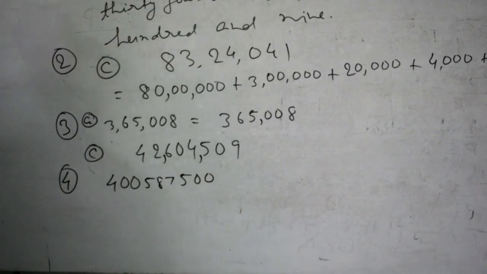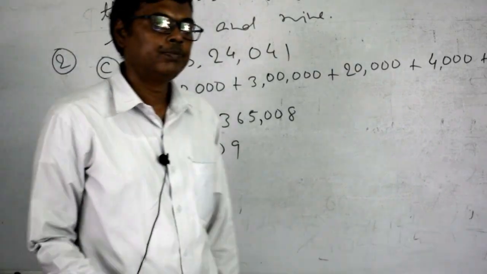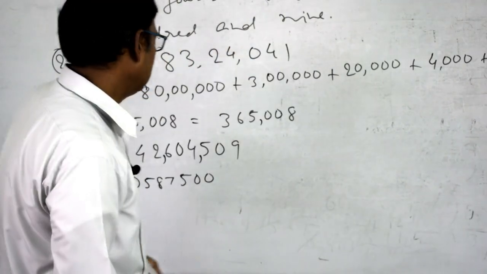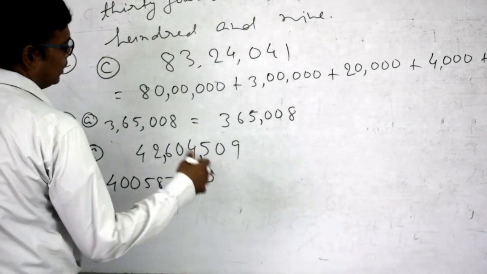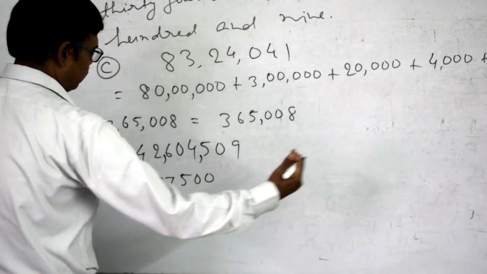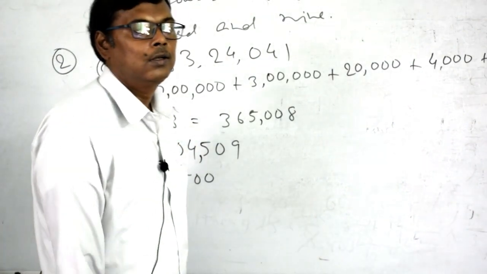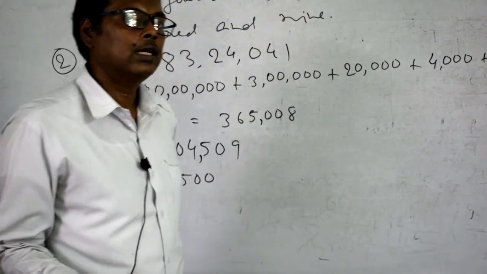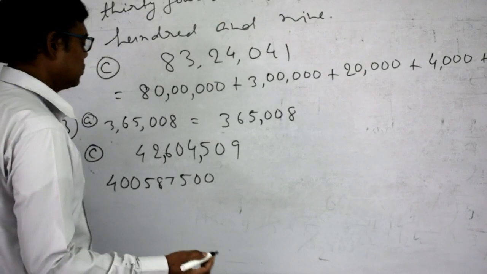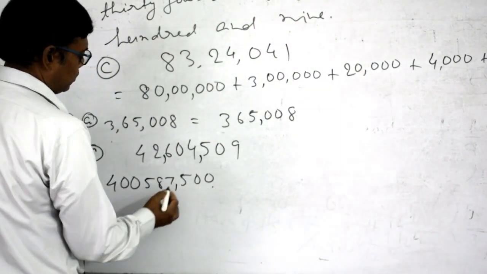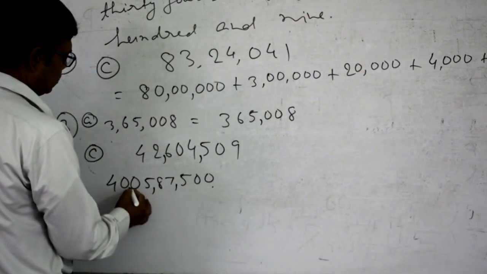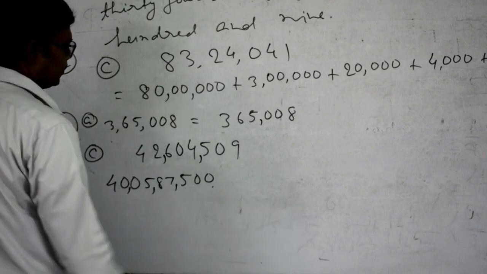This is the number. First place the periods, that is, the commas at the appropriate places. Again you start from the right and move left, but in the Indian system we first count 3 digits and then 2 digits each: 1, 2, 3, then comma, then 1, 2, then comma, 1, 2, then comma. So you have this number.